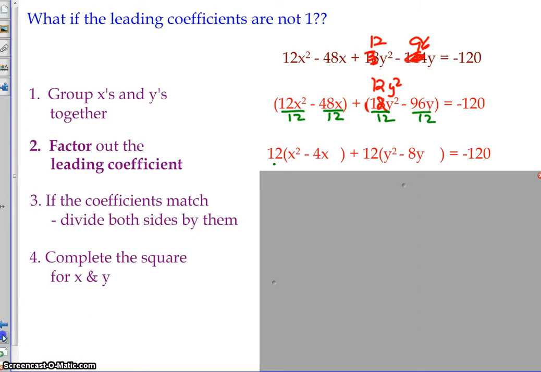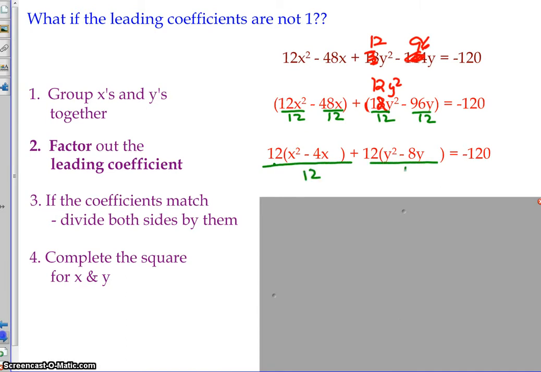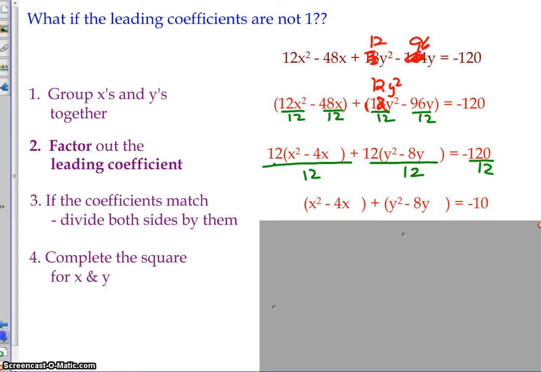So I kind of divided everything by 12. And so now I'm left with x squared minus 4x and then a y squared minus 8y, and equals negative 120 divided by 12, which is negative 10.